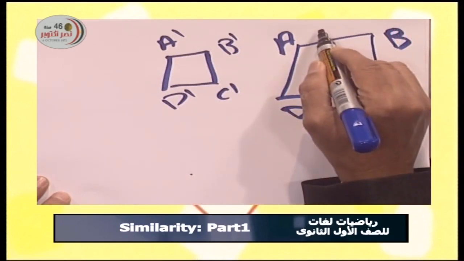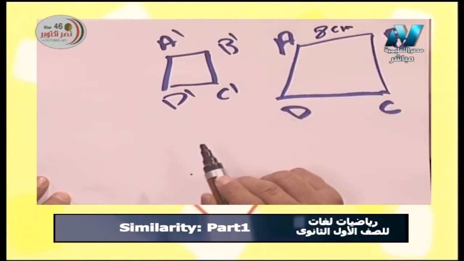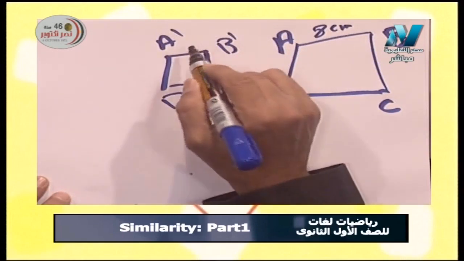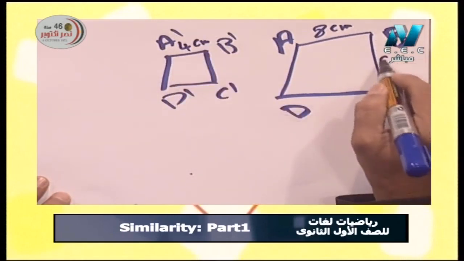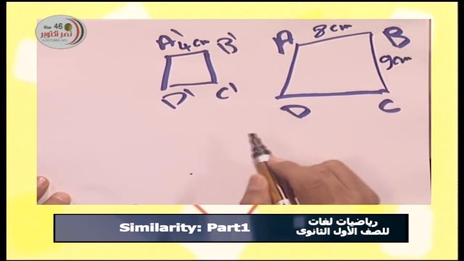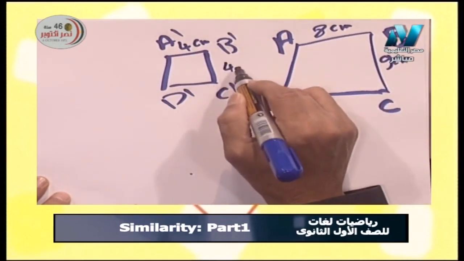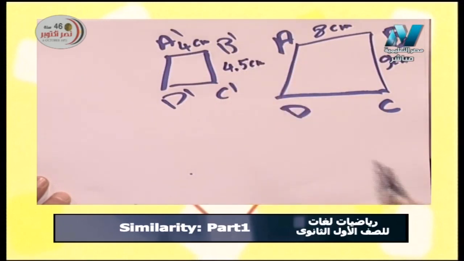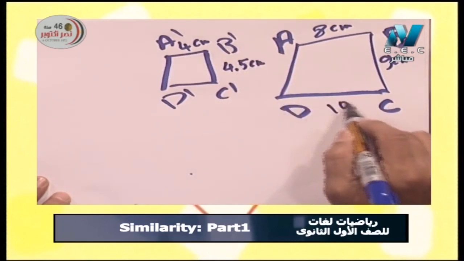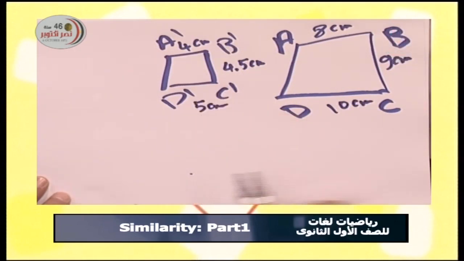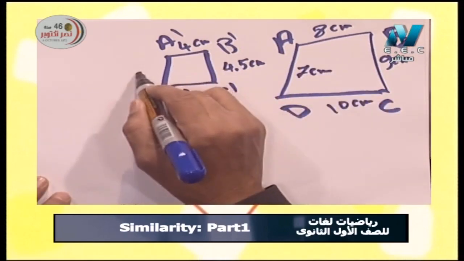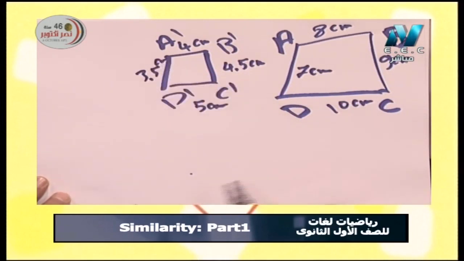AB is 8 centimeters and A dash B dash is 4 centimeters. BC is 9 centimeters and B dash C dash is 4.5 centimeters. DC equals 10 centimeters and C dash D dash is 5 centimeters. AD equals 7 centimeters and A dash D dash is 3.5 centimeters.